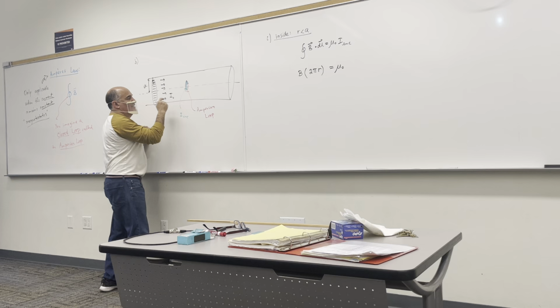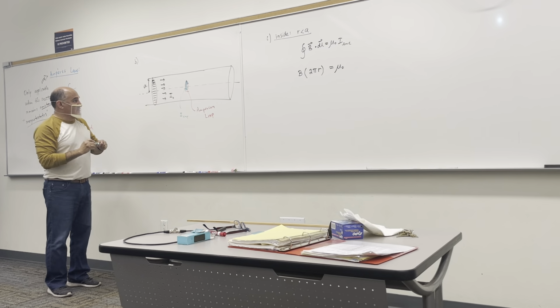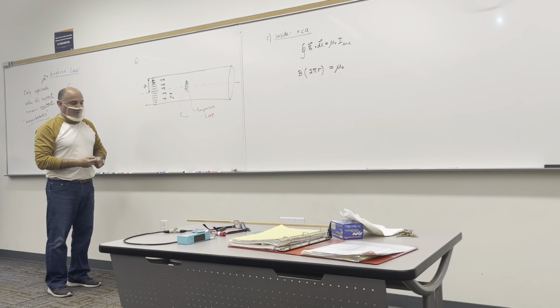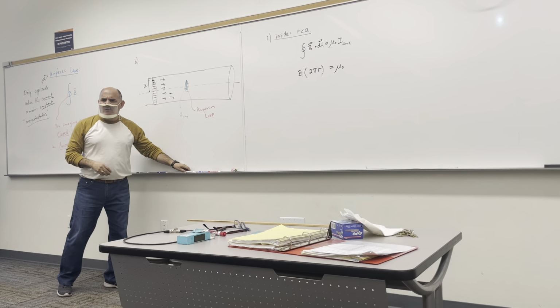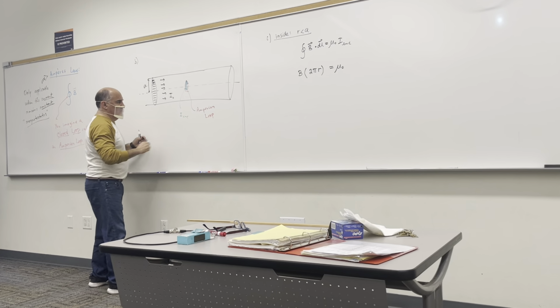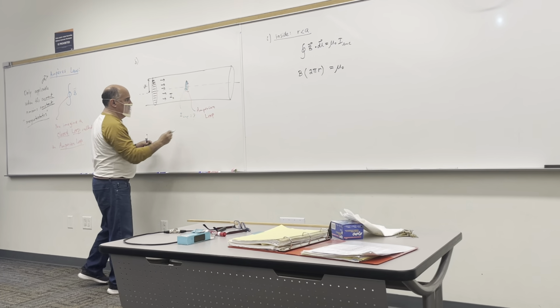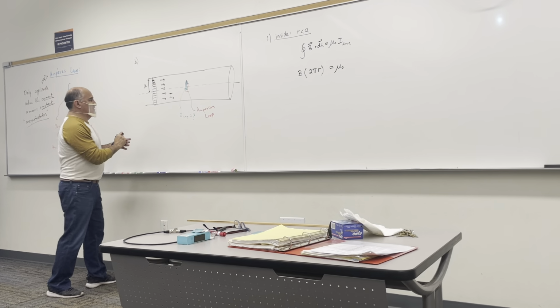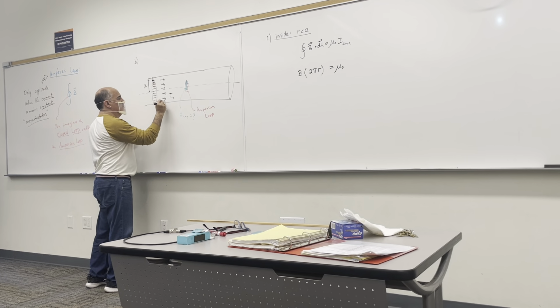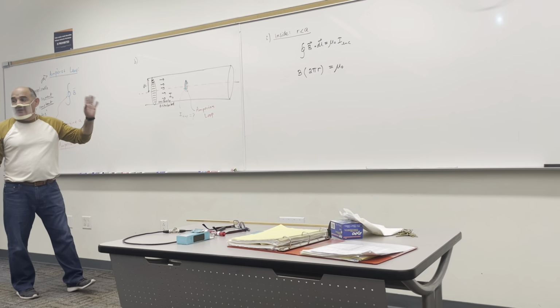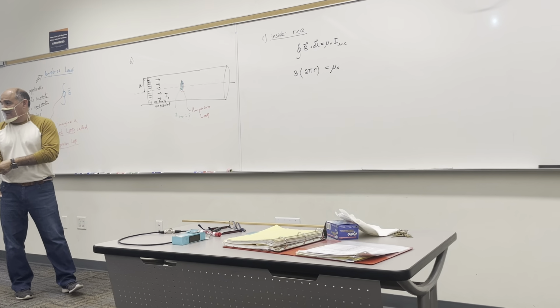And that's going to be less than I sub 0, because I sub 0 is distributed over the whole cross-section area. So how do I figure out I enclosed? And this is uniformly distributed. So I enclosed is less than I sub 0, correct?